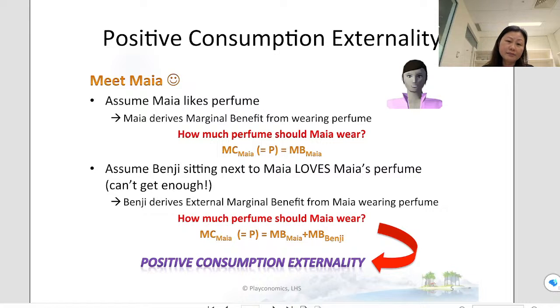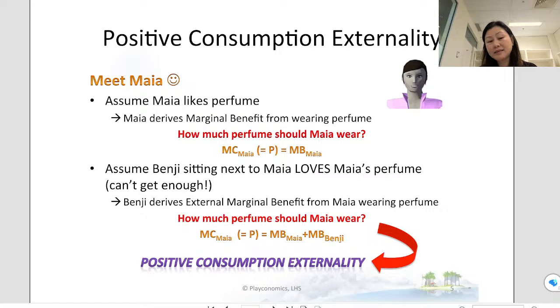Let's meet Maya. Maya likes perfume. And Maya is now deciding how much perfume to put on herself. How much perfume should Maya wear?